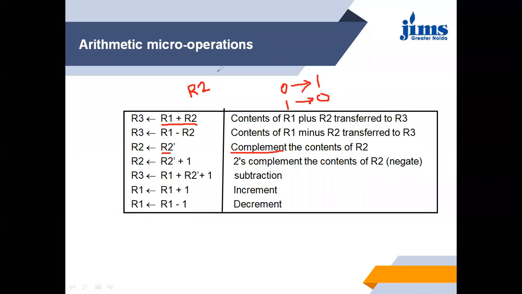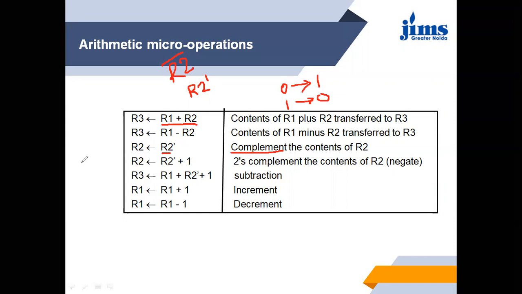We can also write R2 bar. Both are the same: either we represent it by dash or by the bar operation. It means the content of R2 is copied into R2 again with its complement. In simple words, the content of the register is complemented.